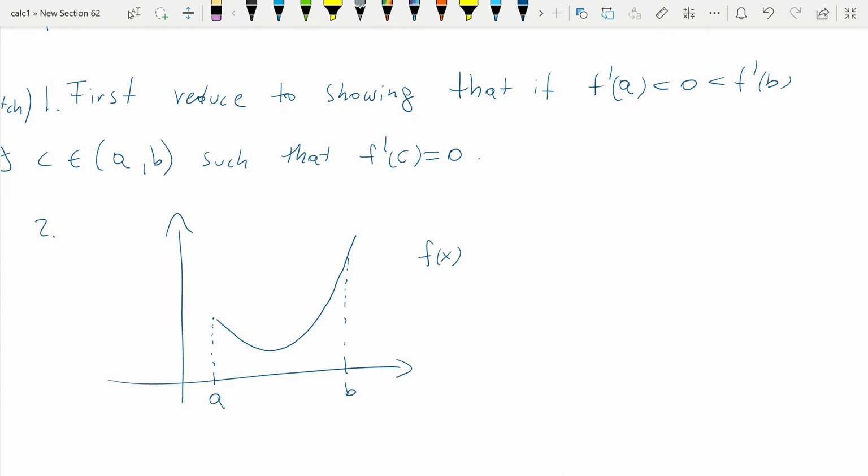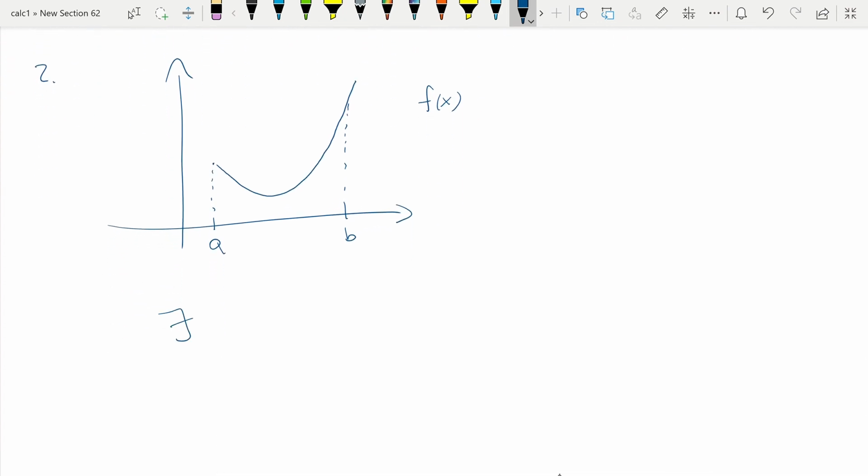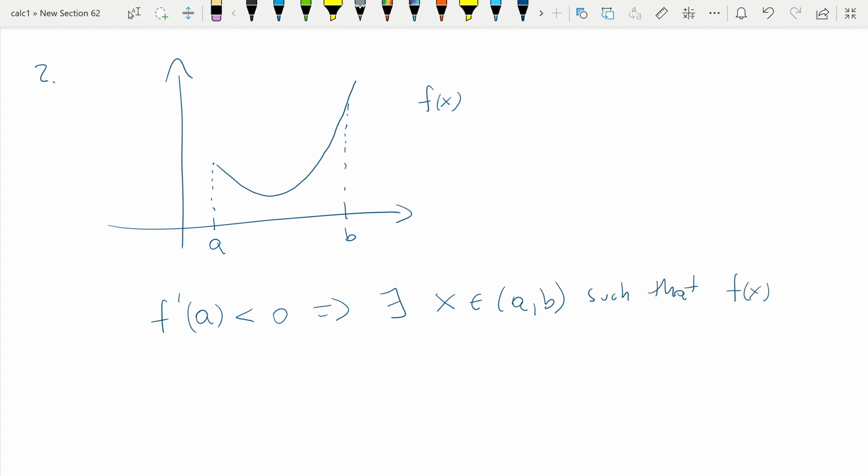So f prime of a less than 0 implies that there exists a point x in between a and b such that f of x is smaller than f of a.